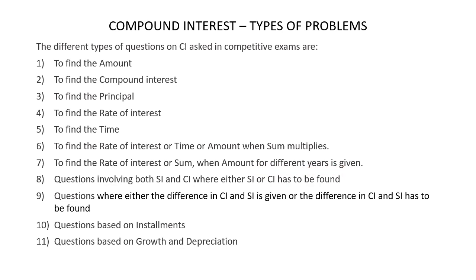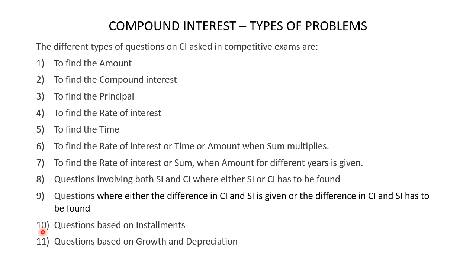The eighth type is questions involving both simple interest and compound interest, where either the simple interest or compound interest has to be found out. The ninth type is questions where either the difference in compound interest and simple interest is given, or the difference in compound interest and simple interest has to be found out.